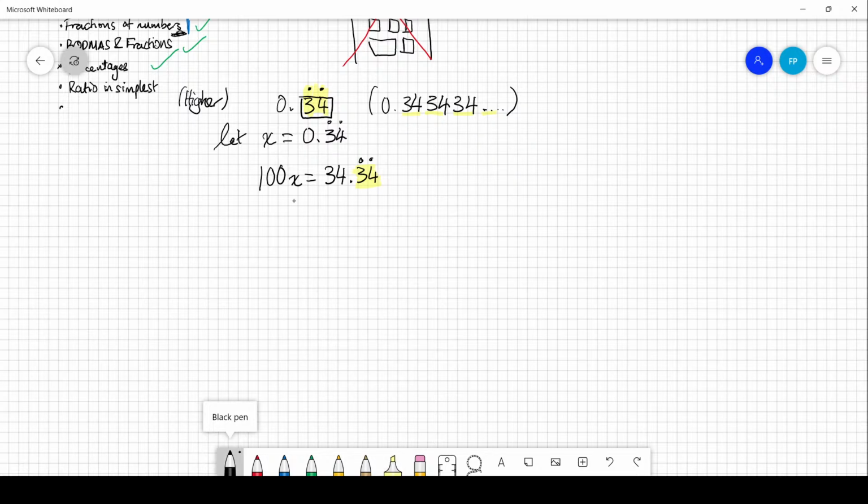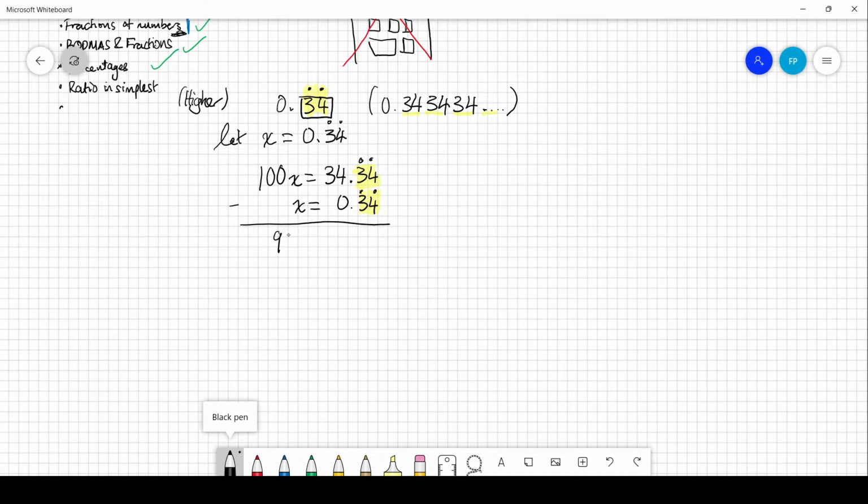I'm going to rewrite it again. x equals 0.34 recurring. And the clever thing here now is that when we take these away, these recurring bits completely get cancelled out.